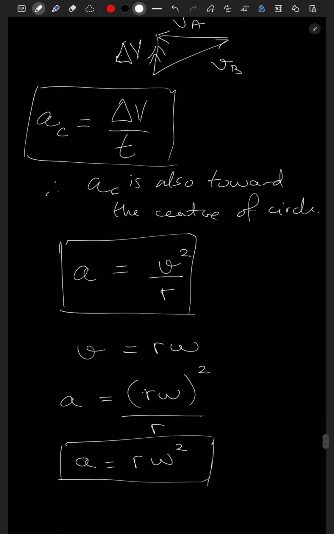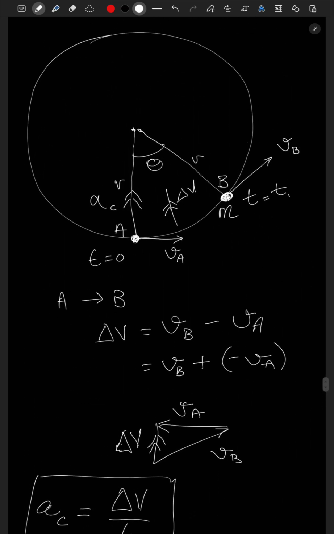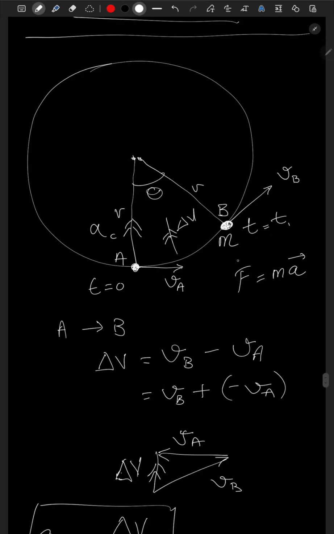Now you know that by Newton's second law, the force is equal to the mass times the acceleration. So if the acceleration is directed toward the center, the force also would be directed toward the center of the circle.